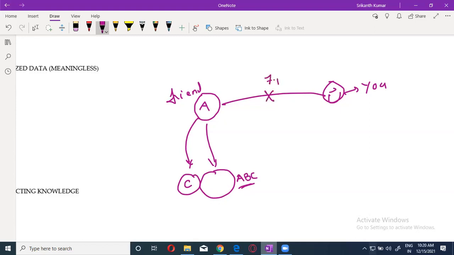Definitely when you are discussing, A will tell you about this C. Yes or no? Definitely. Because he is having a problem: your friend A's promotion was taken by this guy, A's project is being taken by this guy, and the salary hike is also being given to this guy.